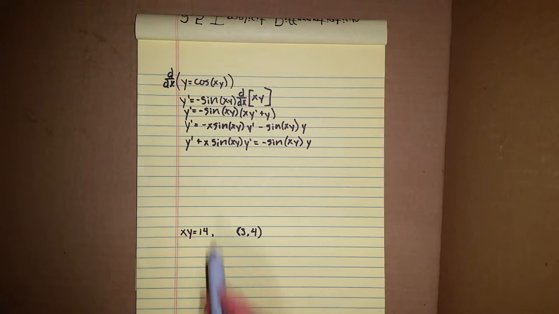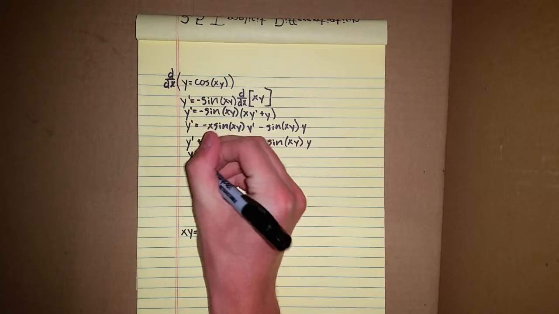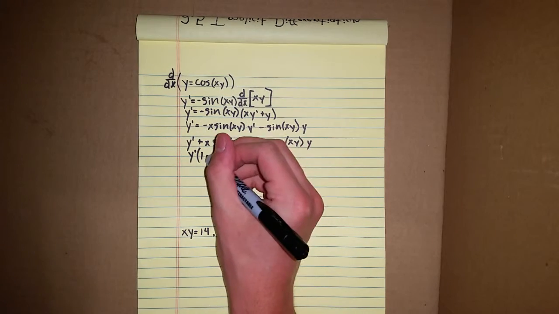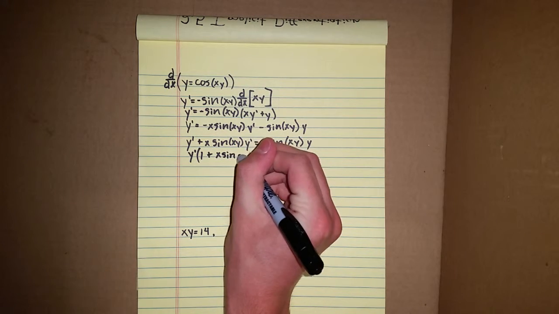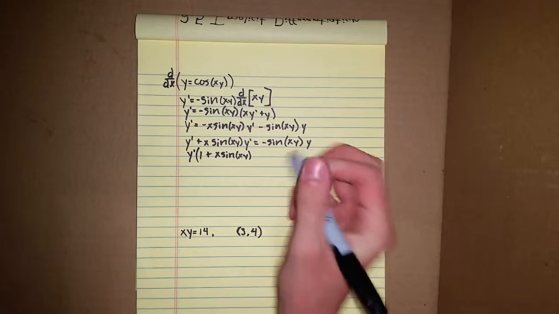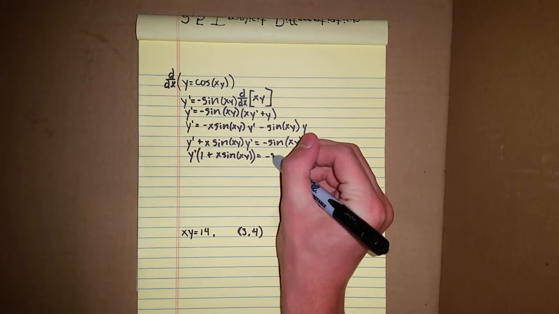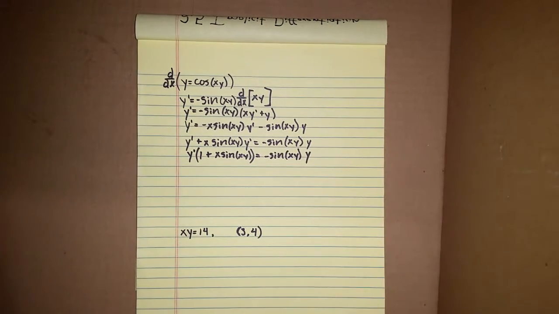I'm going to factor out my y prime. Y prime times 1 plus x sine of xy, and that is equal to negative sine of xy y. Now I'm just going to solve for y prime.